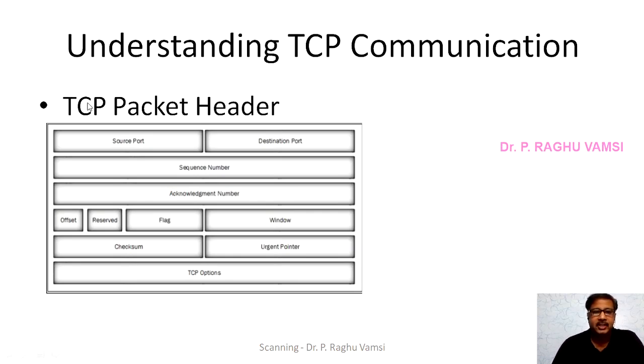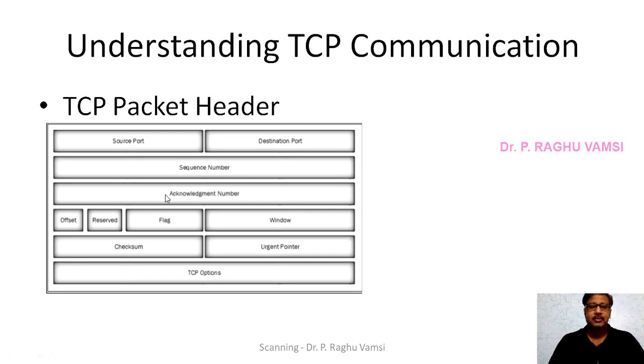In the TCP packet header, if you observe, there is a source port and a destination port. That means the sender's source port, the sender being the source from where this particular packet originated, and the destination is where this particular packet has to reach. So source port and destination port, sequence number. Since TCP is a connection oriented protocol, it will maintain the sequence and acknowledgement numbers to keep track of the number of packets generated at the source, and whether all these packets are received at the destination or not.